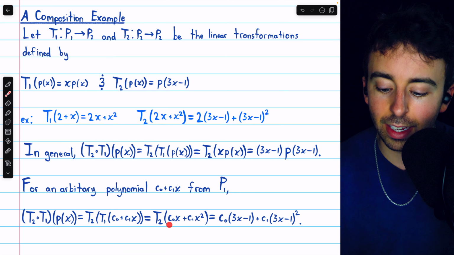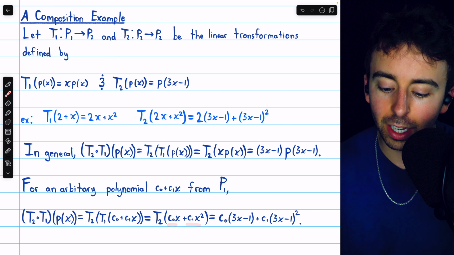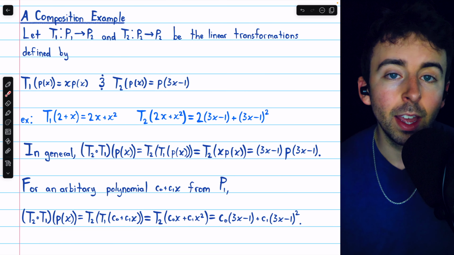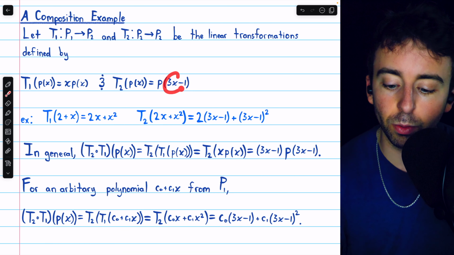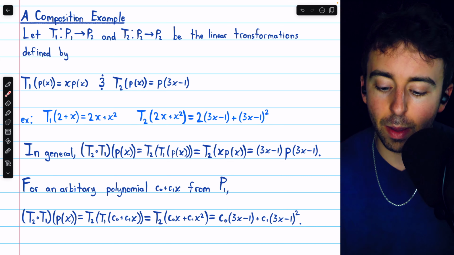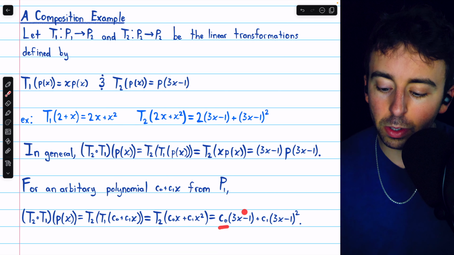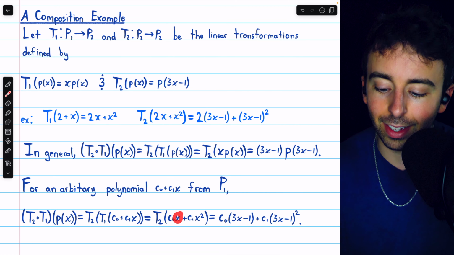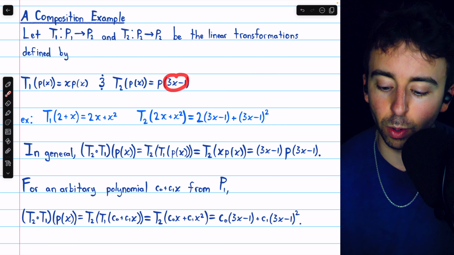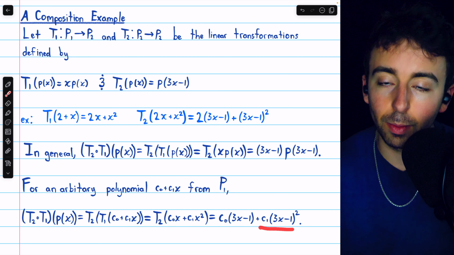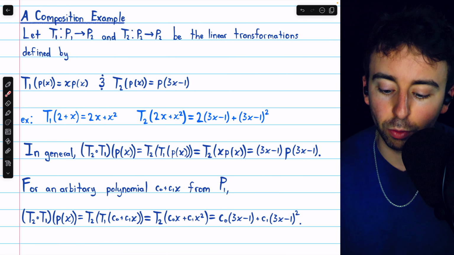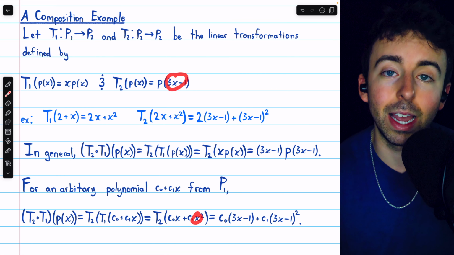So then we would have c0 x plus c1 x squared, that's getting plugged into T2, and T2 would replace each x with 3x minus 1. And so the image of that arbitrary polynomial under the composition would be c0 times (3x minus 1), that's replacing that x with 3x minus 1, plus c1 times (3x minus 1) squared. That's replacing that x with 3x minus 1.